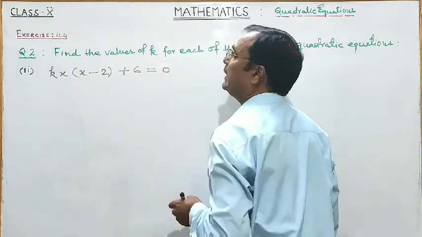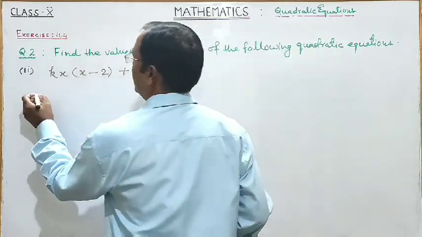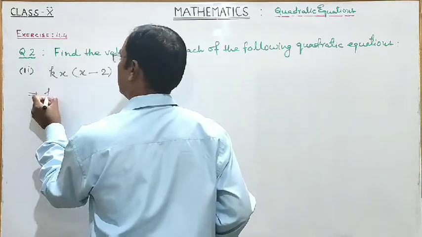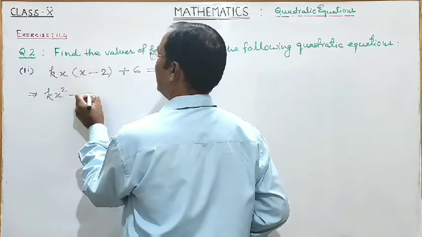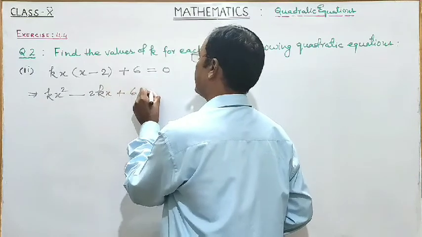Second part is kx into x minus 2 plus 6 equal to 0. Simplify this equation. Kx into x, kx square minus kx into 2, minus 2kx plus 6 equal to 0.